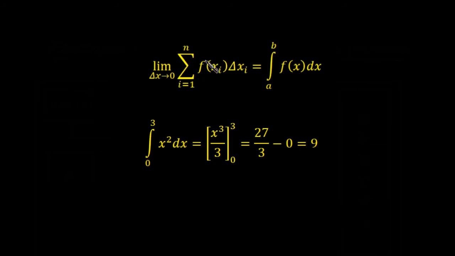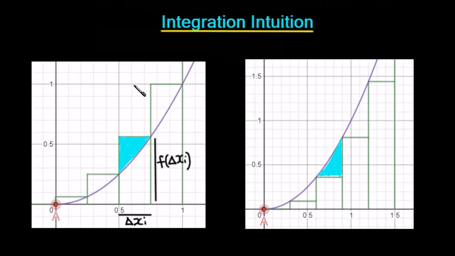So we've got our f of xi times delta xi, and then we're summing up all of our little partitions, so we're summing from i equals 1 to n. The i equals 1 to n is just this one plus that one plus this one plus that one, and so on and so forth. But notice that what we wanted to do was make this delta xi tend towards 0.